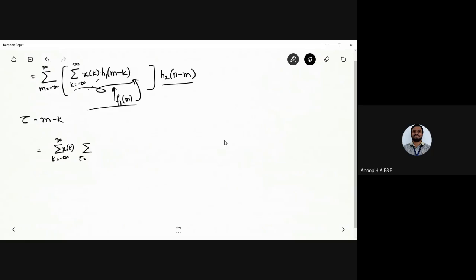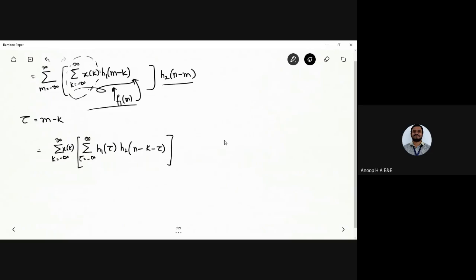So I'll take this outside entirely. What I'm left with is tau equals minus infinity to plus infinity h1 of tau, h2 of n minus k minus tau, right? That one under the bracket.